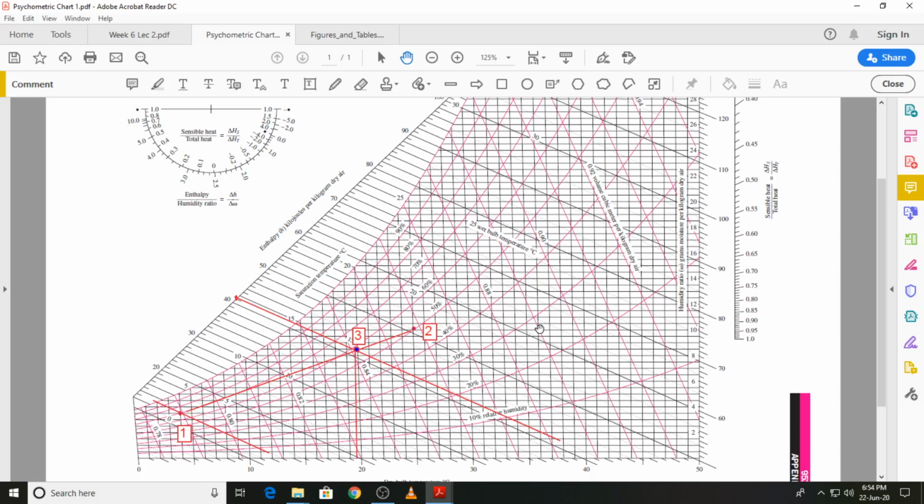And to find out the wet bulb temperature, we have to draw a constant wet bulb temperature line which passes through this state point.